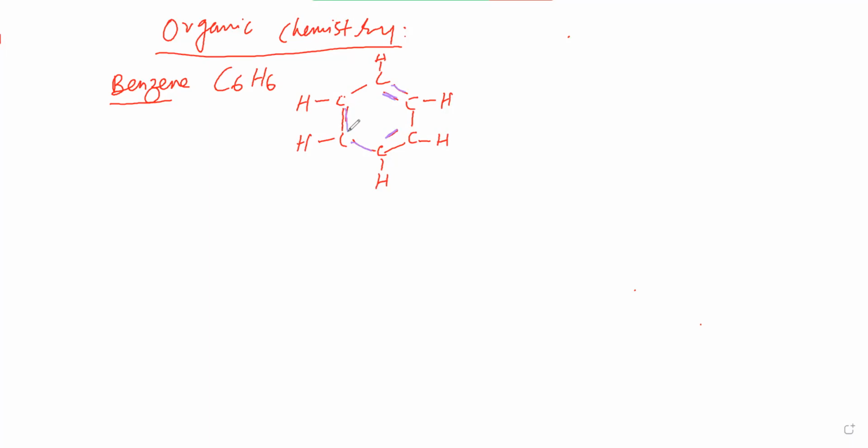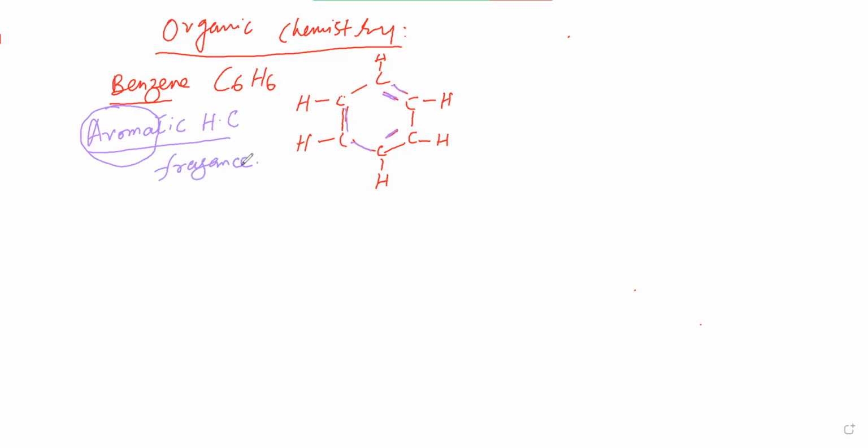Yes, sir. Okay. We know that benzene is an aromatic hydrocarbon. Now, what do we mean by aromatic? It was believed that those compounds having some aroma, some fragrance, were aromatic.